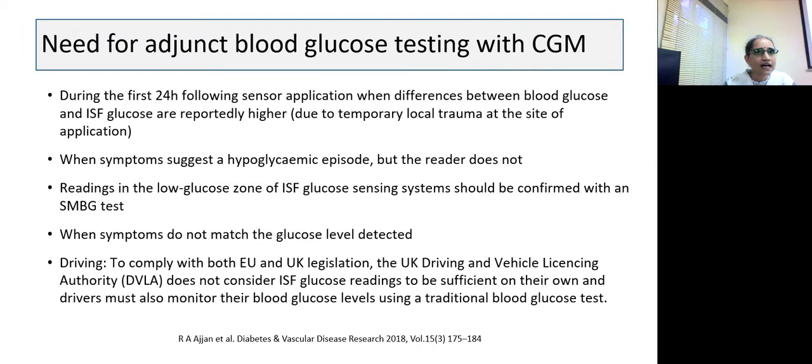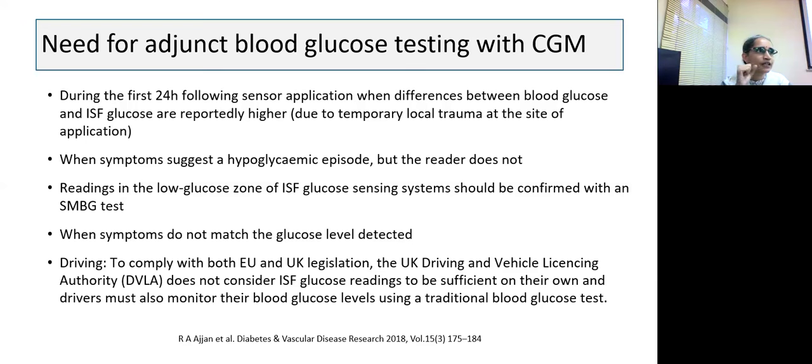So there are certain CGM sensors where you have to do finger prick measurements intermittently in order to calibrate the CGM. Previously, we had the Medtronic CGM devices where we had to calibrate every 12 hours. Some even needed calibration every 6 hours.